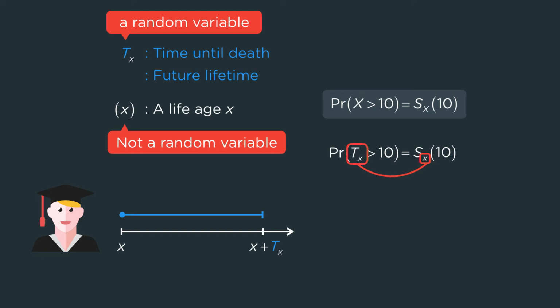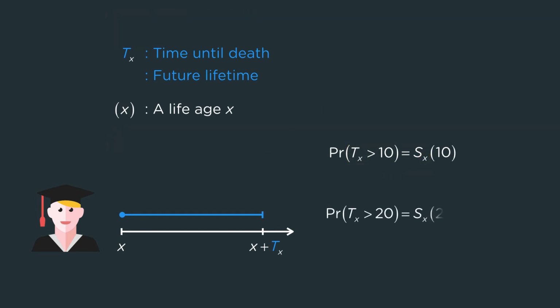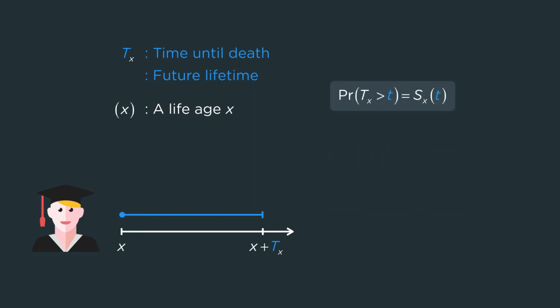Age x's survival function, evaluated at time 10, is the probability you will survive at least 10 years, given you're currently age x. If we change 10 to 20, it's the probability you survive at least 20 years. We can make it generic and replace 20 with t. Notice this is lowercase t, not a random variable.